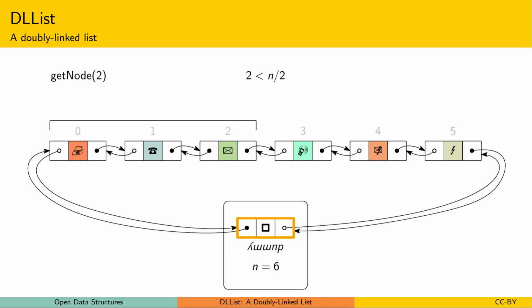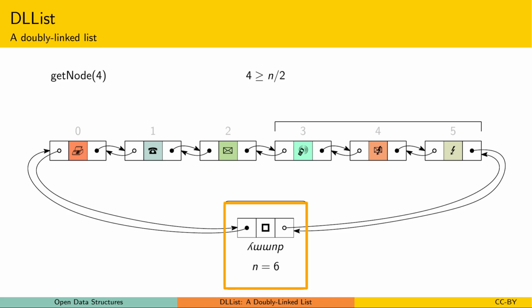If i is less than n over 2, then the ith node is in the first half of the list, and we can get to it by starting at the dummy and following i plus 1 next pointers. If i is bigger than or equal to n over 2, then the ith node is in the second half of the list, and we can get to it by starting at the dummy and following n minus i prev pointers.